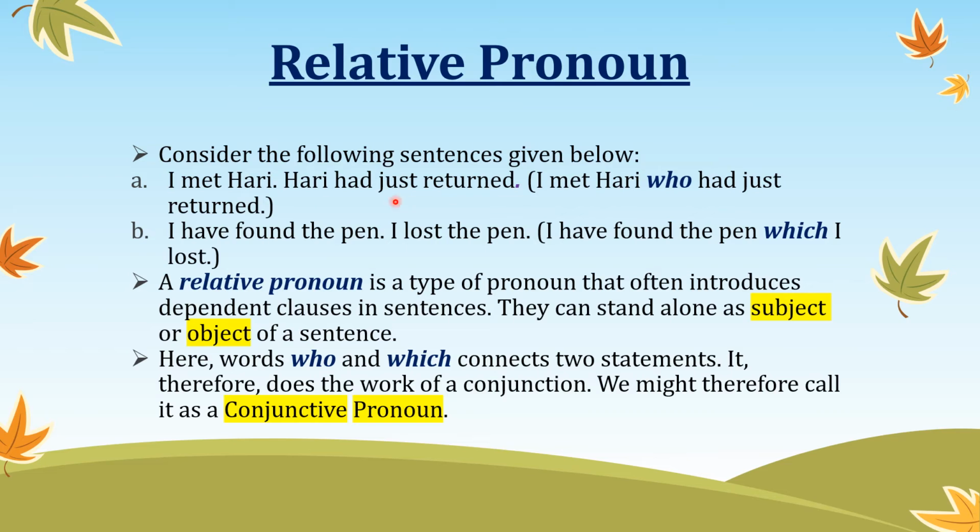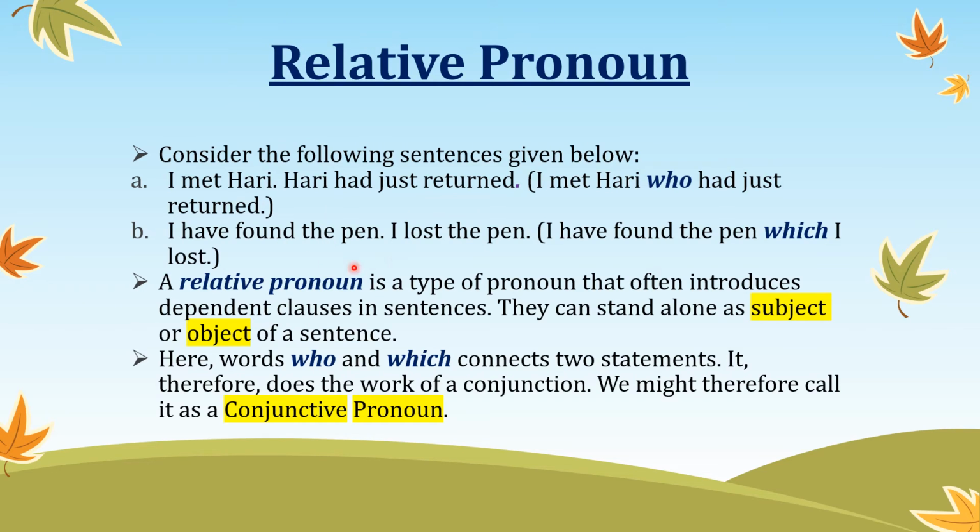What I skipped is again a noun, Hari. Where is a pronoun used? A pronoun is used instead of a noun. So instead of the word Hari, which came in the second sentence, I used the conjunction who. Next, I found the pen. I lost the pen. Now again, the sentence is only focusing on the pen.